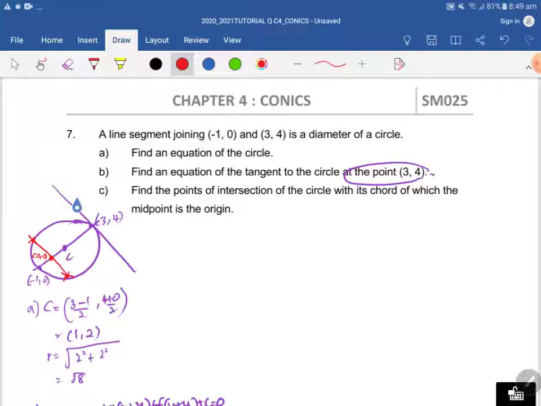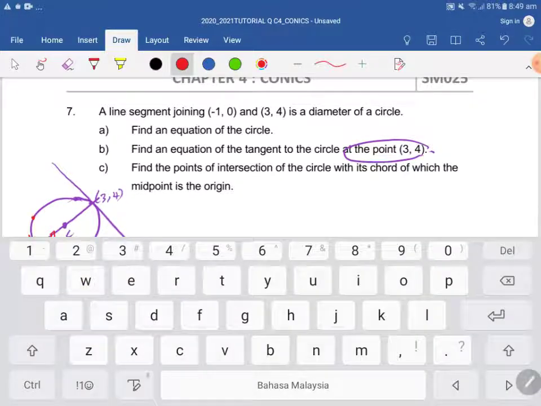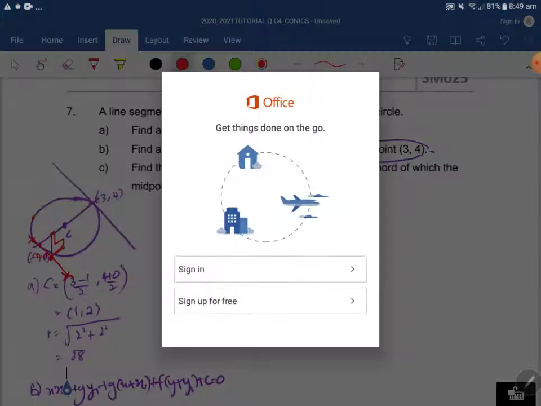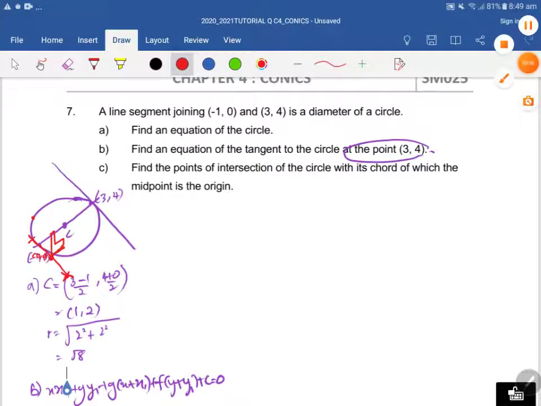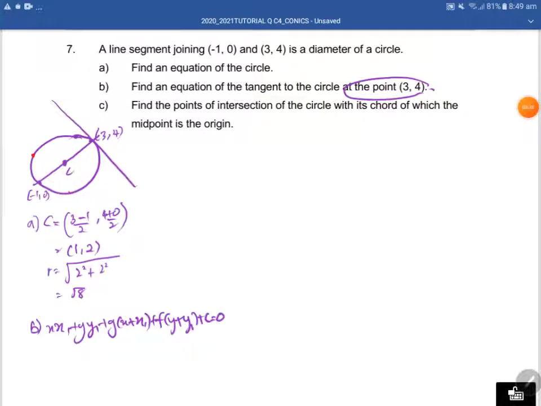Okay, so what is the connection between the chord and this circle? If we connect the center to the midpoint of the chord, which is the origin, the line is at 90 degrees to the chord.